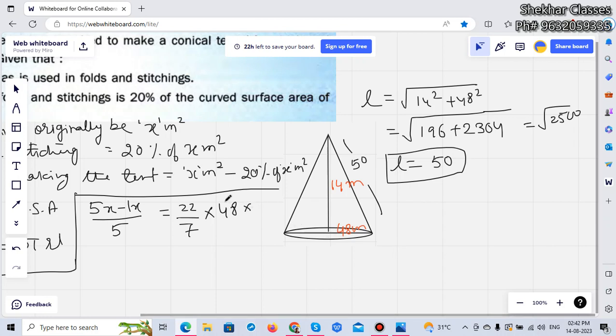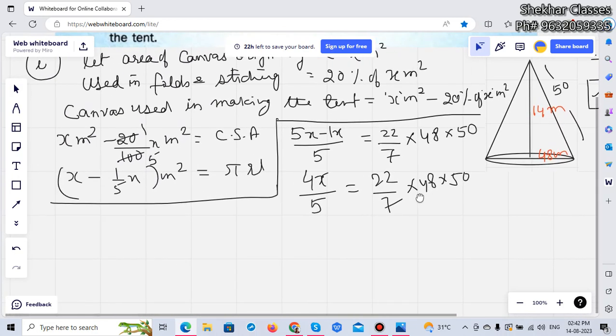So it will be 50. Multiply. Now we can get the 5x minus 1x is how much? 4x upon 5 is equal to 22 upon 7 into 48 into 50. So we have to find the value of x in it.